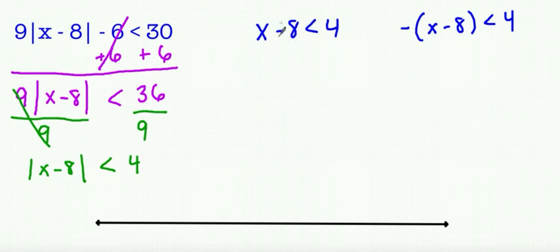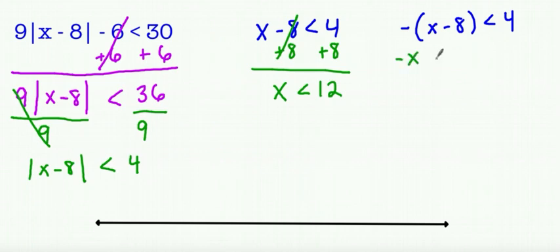So we're going to try to isolate x in our inequality. We're going to do that by adding 8 on both sides. This one was nice and easy because x is less than 12. And here we're going to distribute the negative, or you could divide by the negative first. It's the same thing. So we're going to have negative x plus 8 is less than 4.